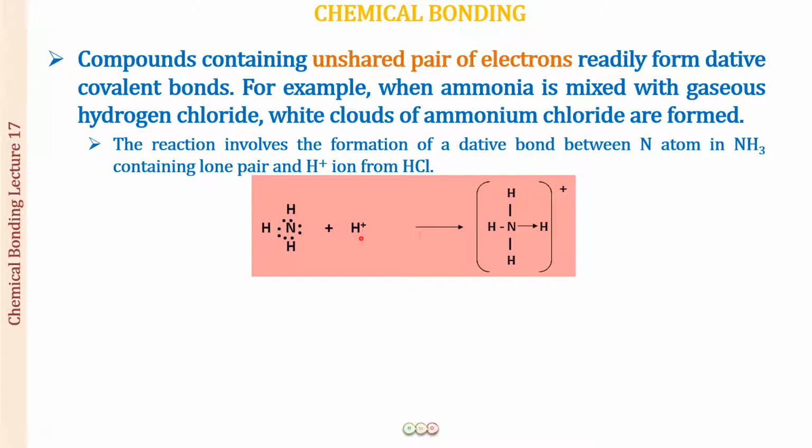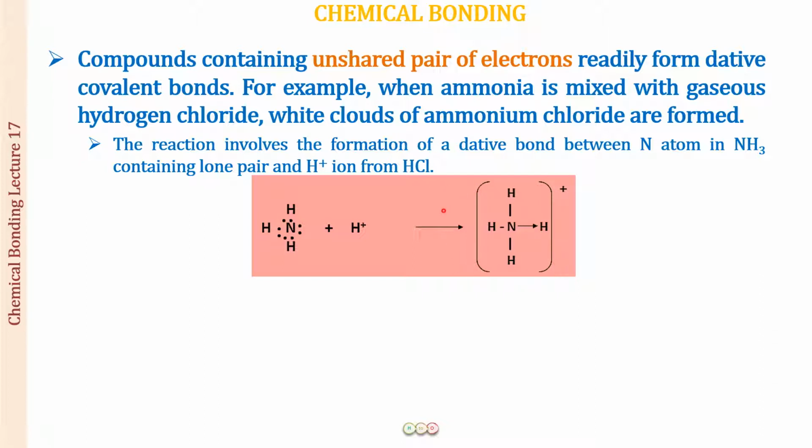So H positive is formed by the loss of the electron which the hydrogen atom had. So now when this nitrogen puts this lone pair of electrons in the center, there is going to be the formation of a coordinate bond between this nitrogen and hydrogen, and what we get is an ammonium ion over here.